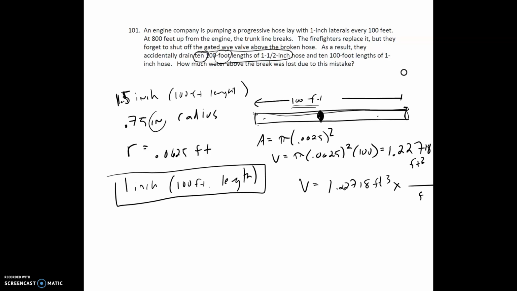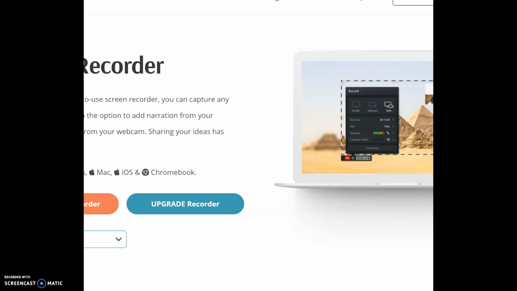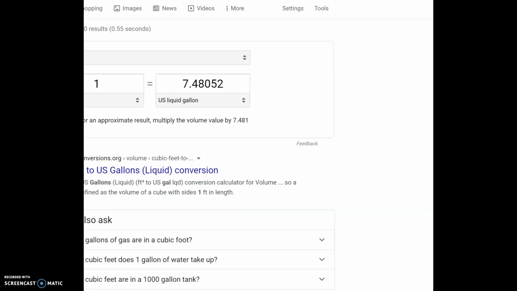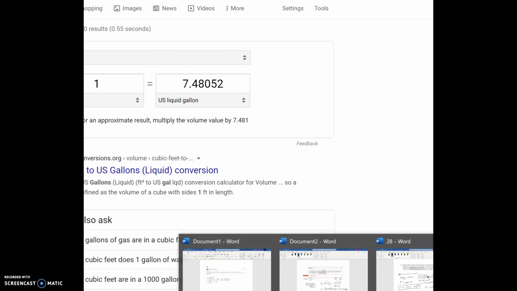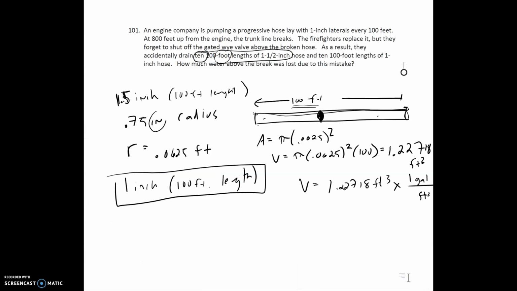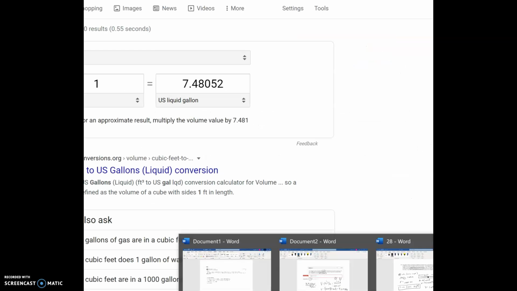It was cubic feet, 7 point something is 1 gallon. Let me look that up again from your book or Google. 7.48 gallons is 1 cubic foot.